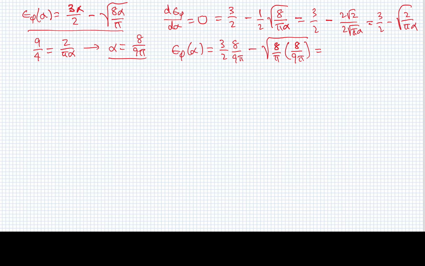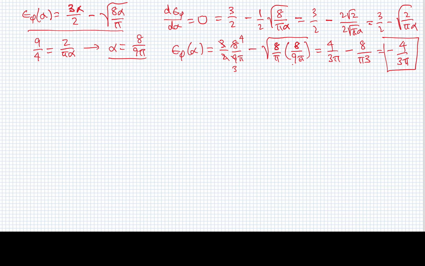So we'll have 24 over 18, or 4 over 3 pi, minus the square root of 8 squared, so that's 8, pi squared, which is pi, and 9 squared, 9 is 3 squared, so 3 pi. So I'll have 4 over 3 pi minus 8 over 3 pi, so negative 4 over 3 pi is the final result. Now remember, this is in atomic units.